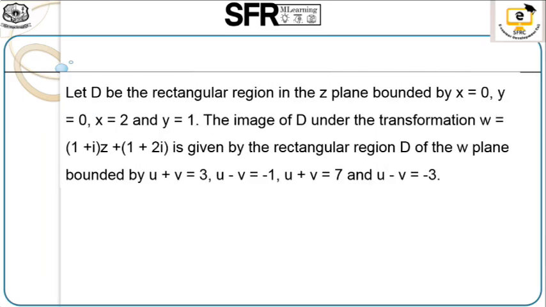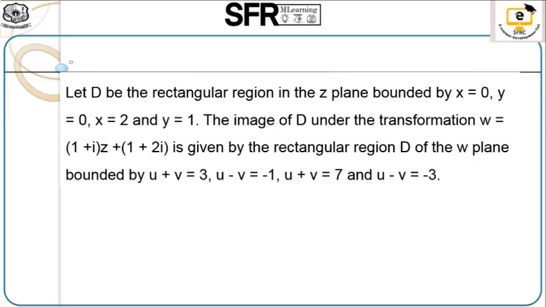Next, let us take an example for conformal mapping. This region is a rectangular region in the Z plane. The rectangular region D is bounded by the curves x equal to 0, y equal to 0, x equal to 2 and y equal to 1.